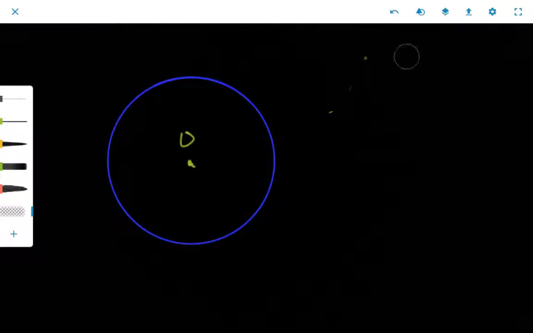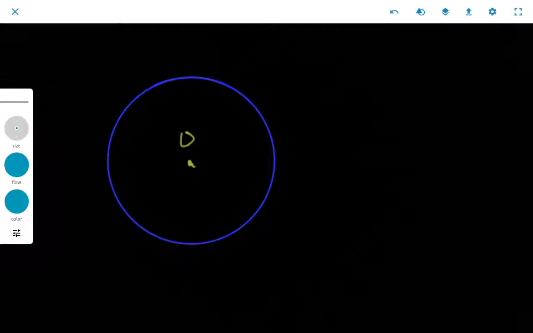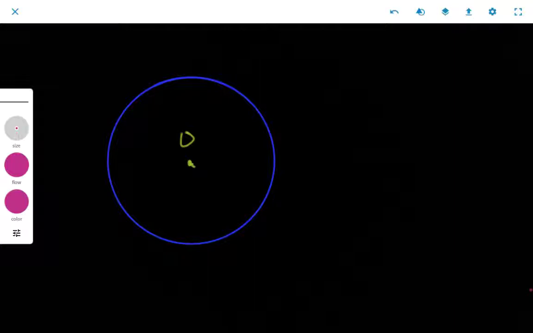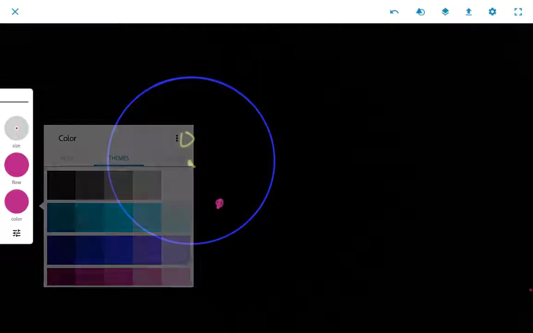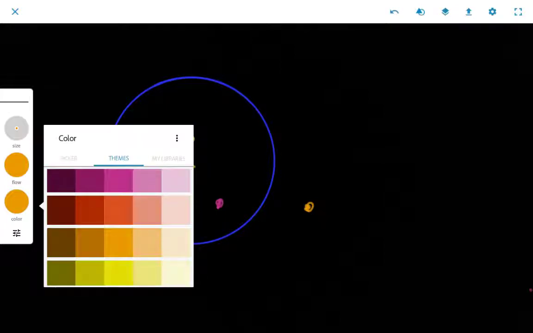So now, what is the interior of the circle? Let's say there are 3 points. Should I change the color? Yes, we'll change the color. One point will be this point, another point this point, and another point this point.